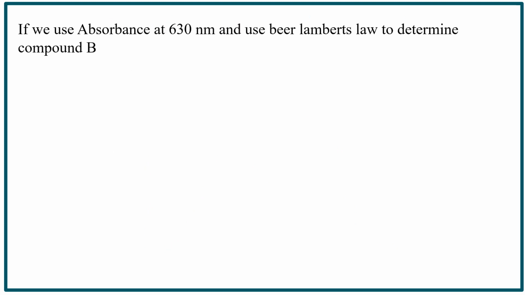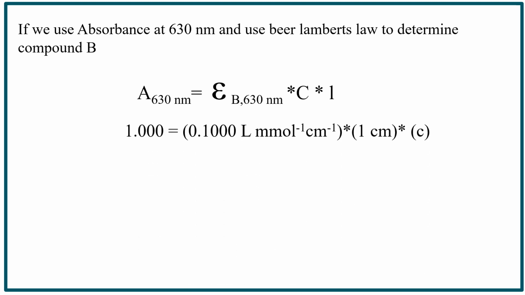If we use the absorption at 630 nanometer and use Beer-Lambert's law to calculate the concentration of compound B, Beer-Lambert's law is given as A at 630 nanometer equals epsilon B at 630 nanometer times concentration times path length. Path length is 1 centimeter, and the absorbance at 630 nanometer is 1, which we already obtained from the absorption spectra.